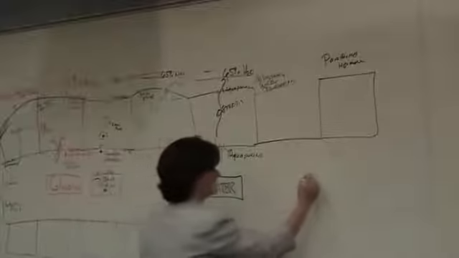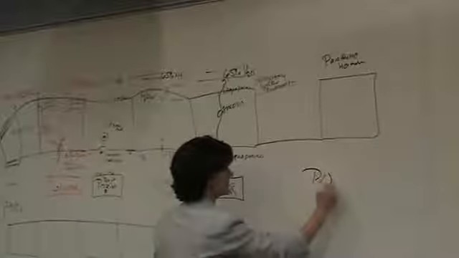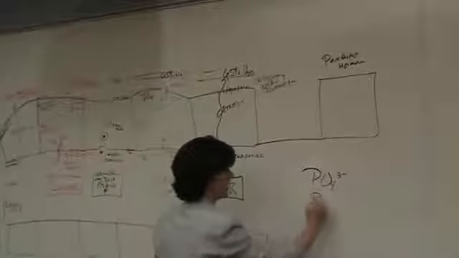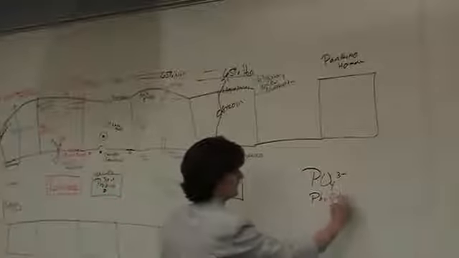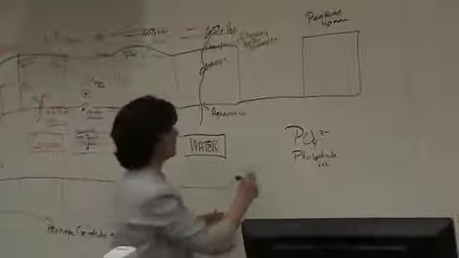One of those is the proximal convoluted tubule, where it inhibits the movement of phosphate ions. So if parathyroid hormone binds to these cells in the PCT, it's going to inhibit the reabsorption of phosphate.